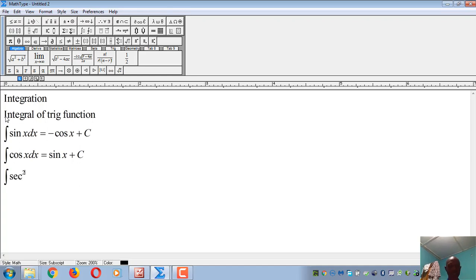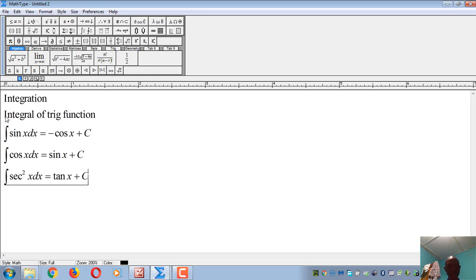Sec squared x dx is equal to tan x plus c.